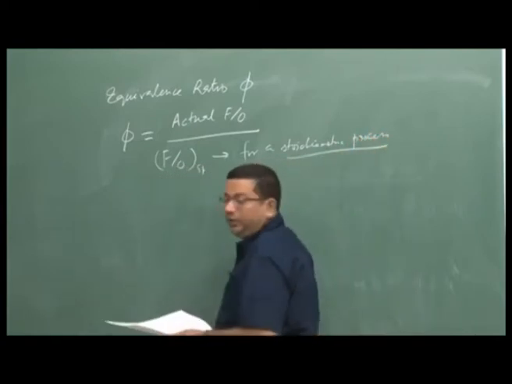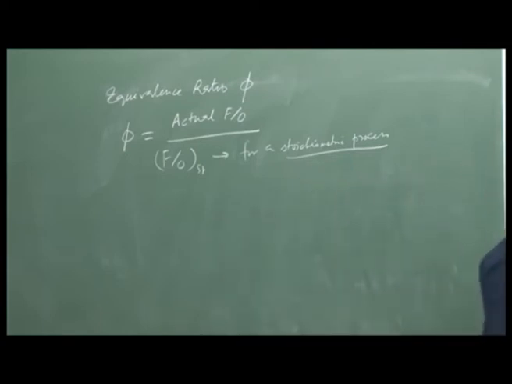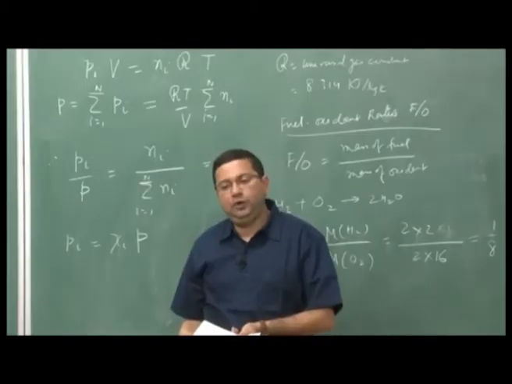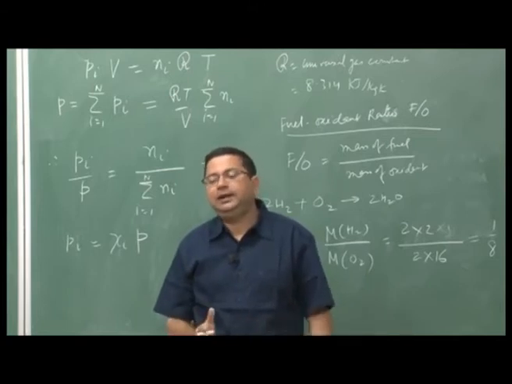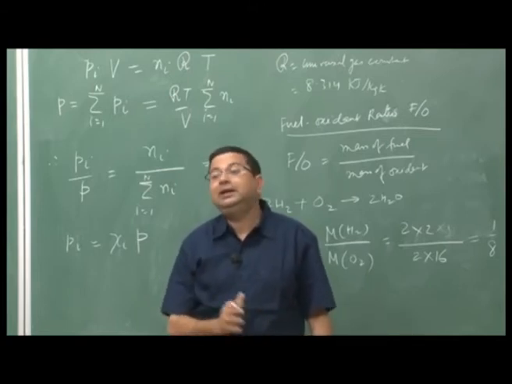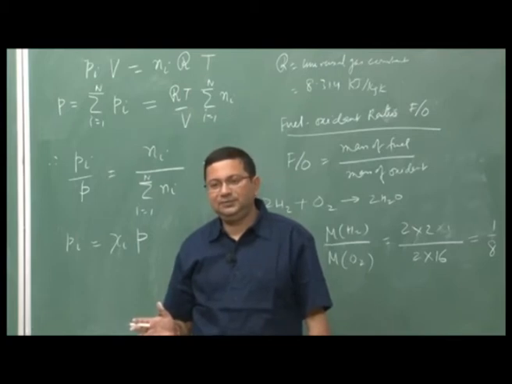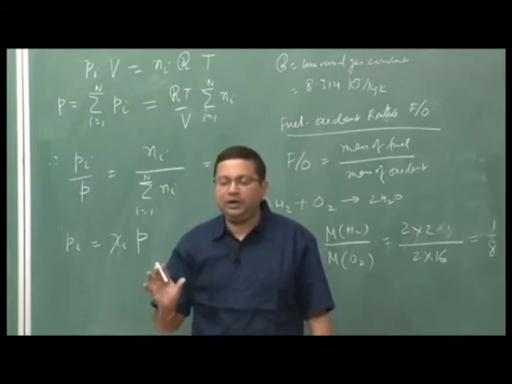Now, what is a stoichiometric process? Stoichiometric process is the process in which all products are in their most stable form first of all, and in the product side we do not have any reactant present. Okay. So, we have only product, no reactant.